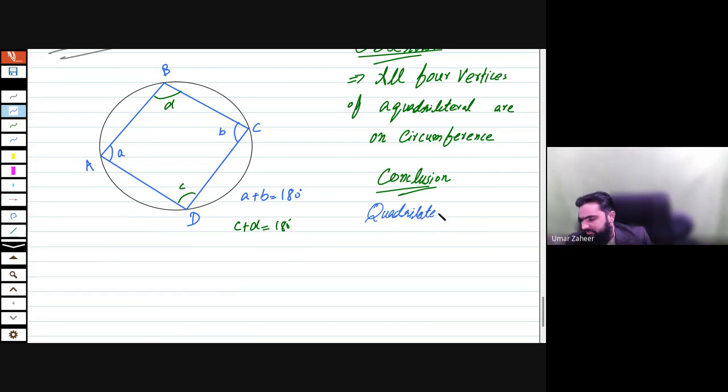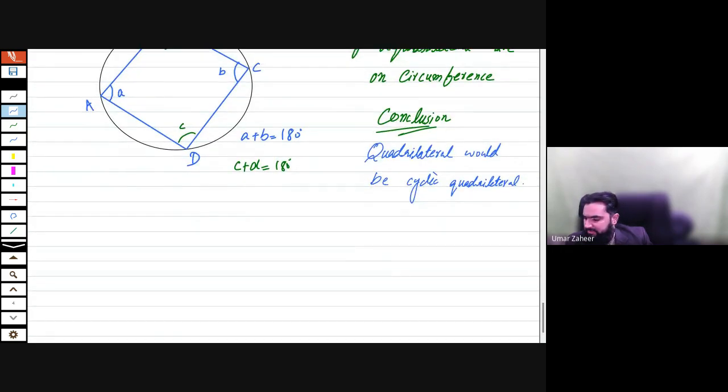A quadrilateral would be cyclic, means opposite angles.